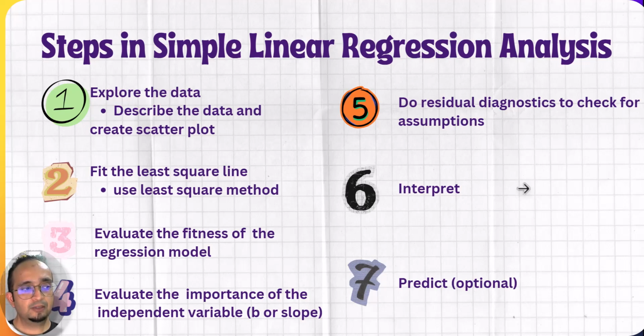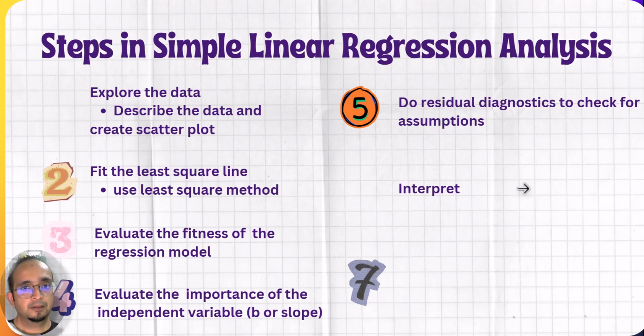Number 3, we evaluate the fitness of the regression model, and evaluate the importance of the independent variable by looking at the beta 1, or slope, of the regression model. Number 5, we do a residual diagnostic to check the assumptions. Number 6, we interpret the result. And lastly, we do prediction.